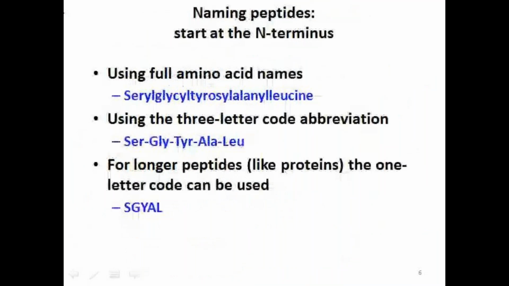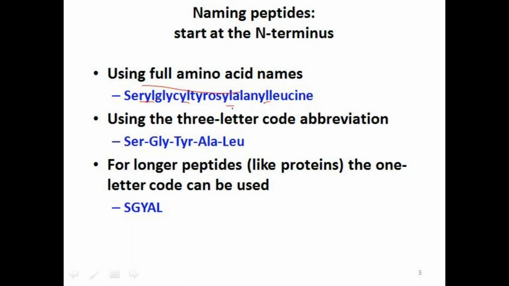Naming of the peptide starts at the N terminus, and we can use the full amino acid names, depending upon the amino acids present and the peptide bonds formed during combination. It goes: serine, glycine, tyrosyl, valyl, alanyl, and last the normal name of the amino acid that ends the peptide.